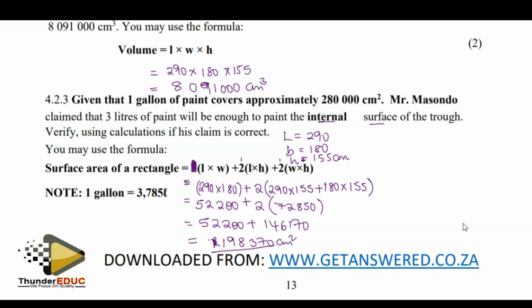Now, we are not proving the area to be painted, but we need the paint to be used. So we need to know the area to be painted. This is what we are doing.